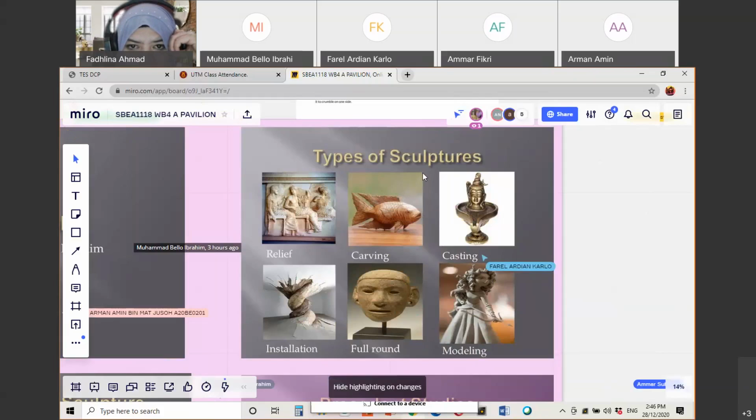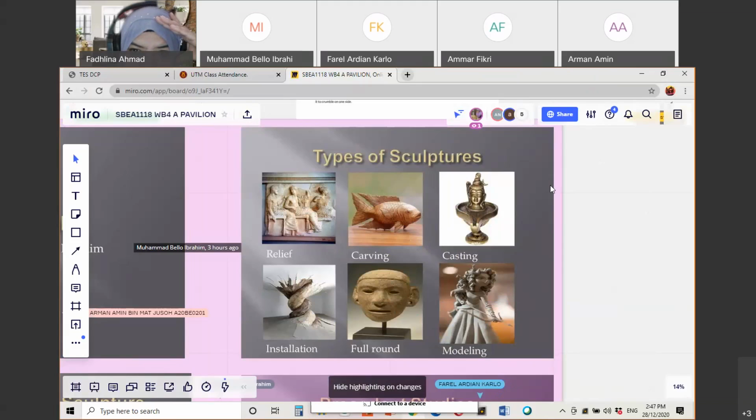The relief has I think 3 different parts, which are the high relief, the bas relief, and the sunken relief. And carving is basically carving out of wood using a chisel.